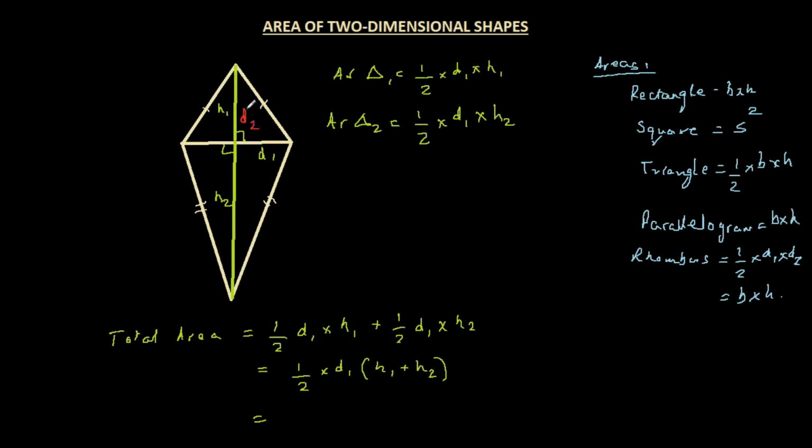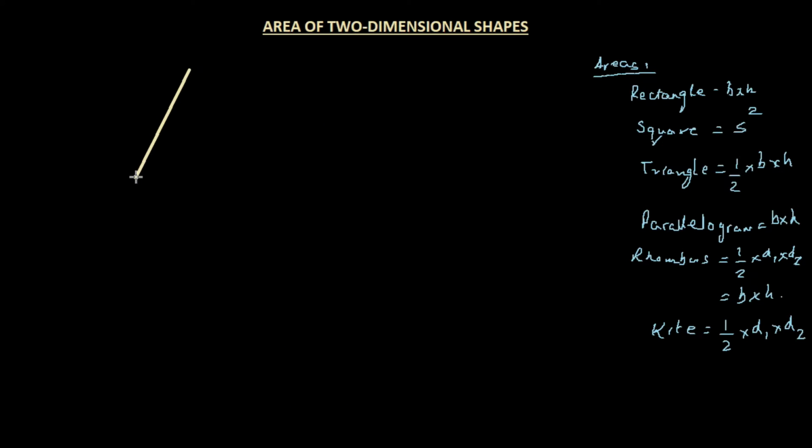We can just call that d2. So we can say that the area of a kite is also half times d1 times d2, or just take the product of the two diagonals and divide it by 2.